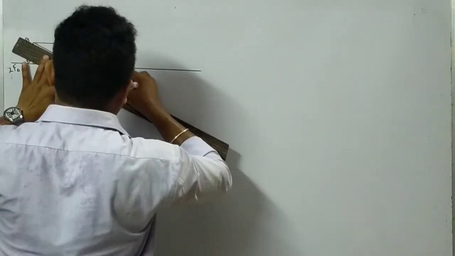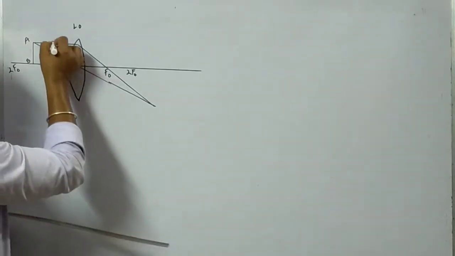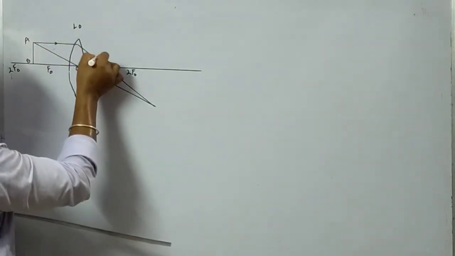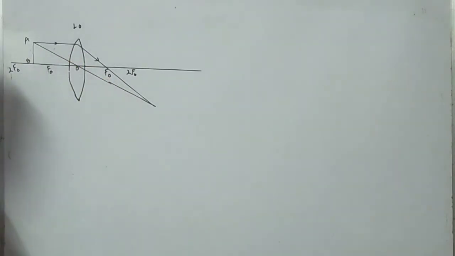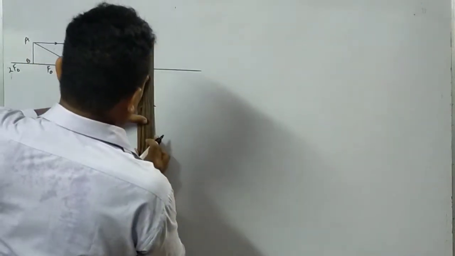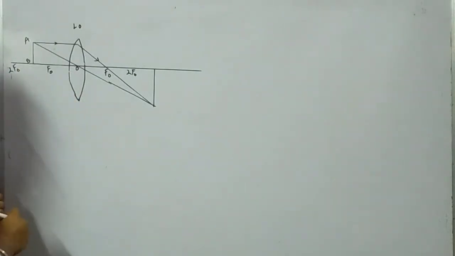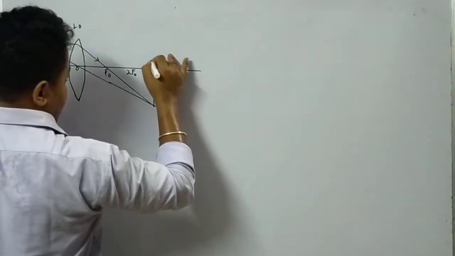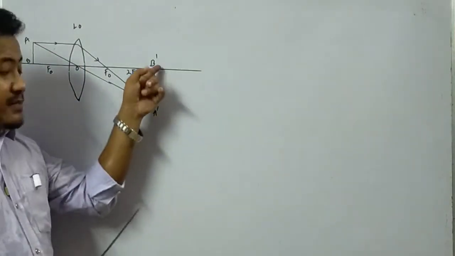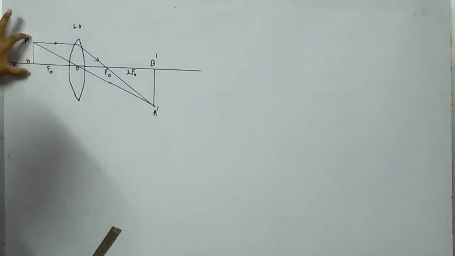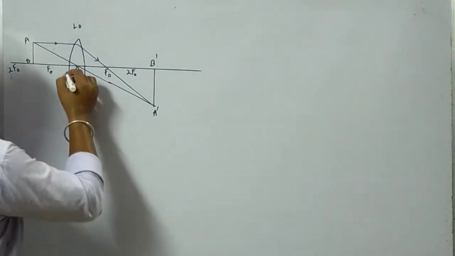So we find that the image is forming somewhere here beyond twice F. AB was the object, so the image will be B'A'. So A'B' is the image for the object AB for the objective lens. Am I clear? This is the objective lens, as I have mentioned.